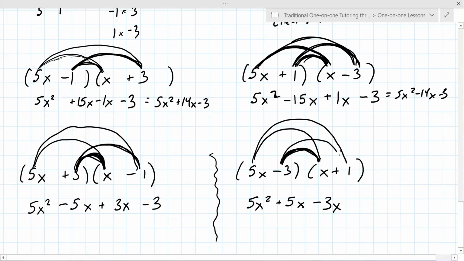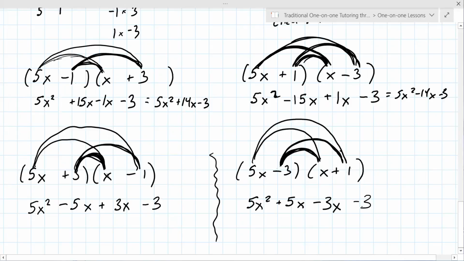And then minus 3 times minus 1. You're multiplying. One's positive, one's negative. Negative times a positive is negative.